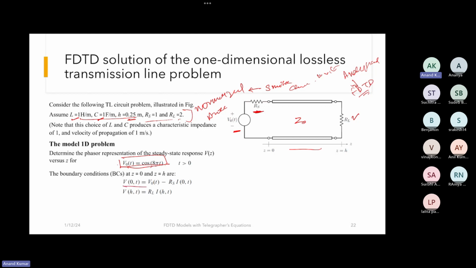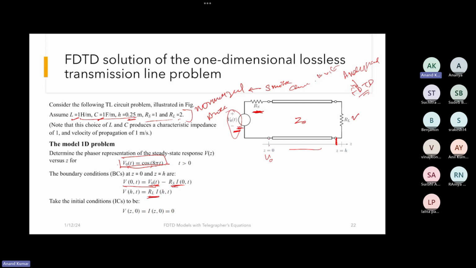So if you solve KVL and KCL equations, you have a source over here, so voltage at this particular node V0 will be given as the voltage due to your source, and the voltage drop due to the source resistance, and similarly the voltage at this particular node will be equal to the voltage across the load resistance.